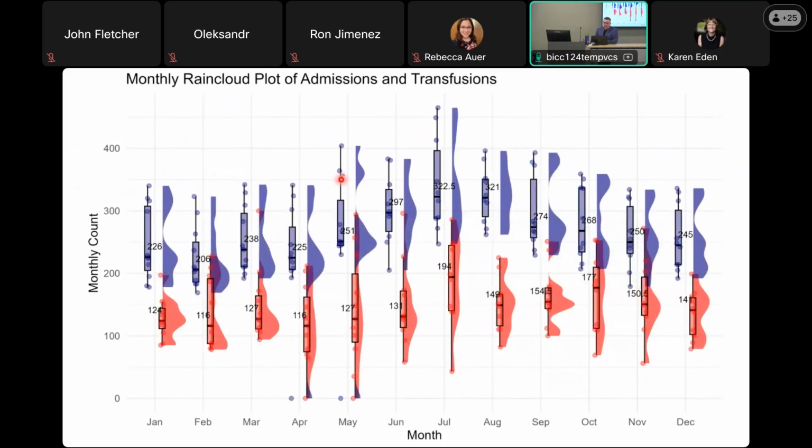As you can see, trauma picks up in May, peaks in July, goes down in November, and it stays kind of stationary throughout the wintertime. A similar but a little bit dampened pattern you can see in the transfusions.